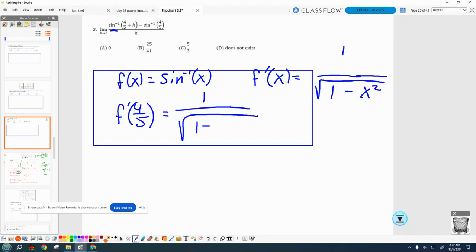You're doing the derivative of x like it's a moving target, doing the derivative with respect to x first. And now we're saying, stop the film, stop the action at this spot. So if you plugged in 4/5 up here, you're going to get a number and the derivative of a number is 0, you're right. But I'm asking you, roll tape, make it go, and then stop and say what's happening at 4/5. So now I'm going to plug 4/5 in for x. 1 minus 16/25 is 9/25. What is the square root of that?